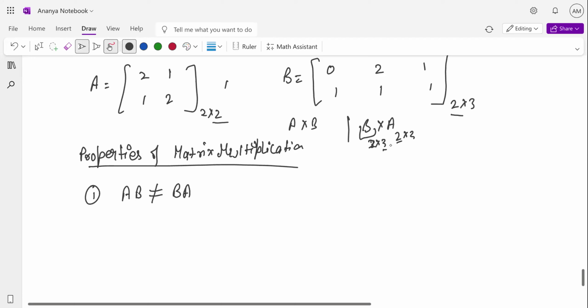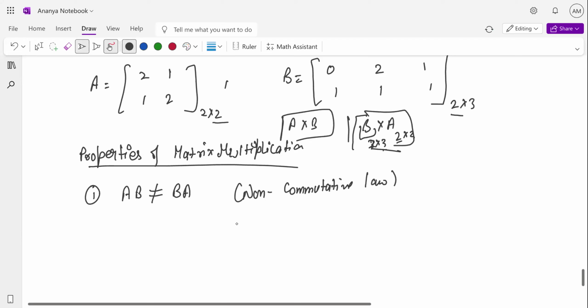You can see this is not the same, so you can't even multiply them. Equality is not even a concern. So this property holds, that AB is not equal to BA. This is called the non-commutative law. It means you can't rearrange things by yourself.